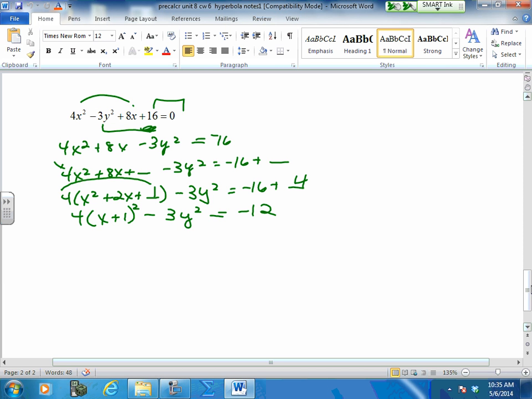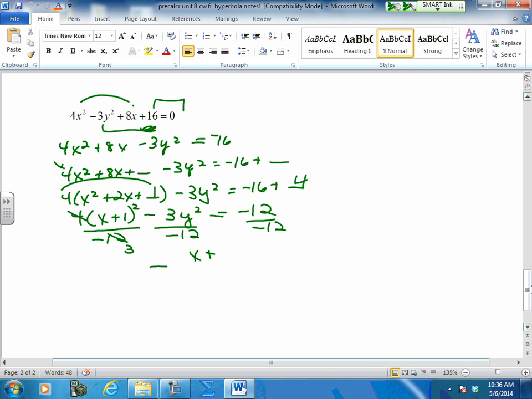Now we need your hyperbola to be equal to 1. So what do we divide by? Negative 12. Now watch what happens when we divide by a negative 12. This first term is going to become the negative, right? So I'm going to swap it to this side of the equal sign. 4 goes into 12 3 times.